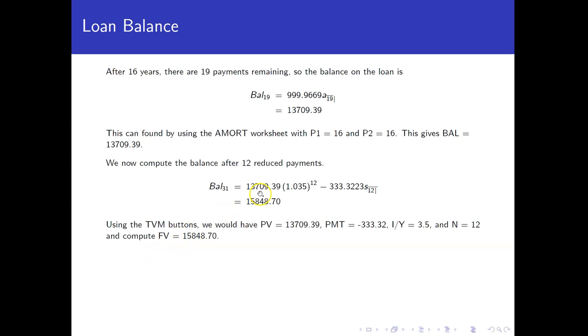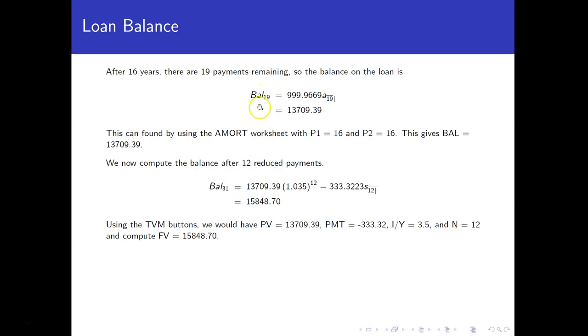That 13,000 and change would grow to that times 1.035 to the 12th power. We need to move that forward 12 years and then subtract off the future value of those one-third payments. This, by the way, should not say sub 31. When I typed this up, I added 12 to the 19.